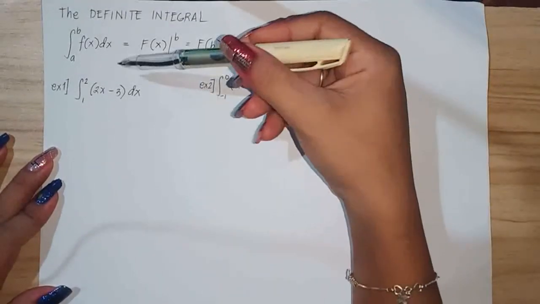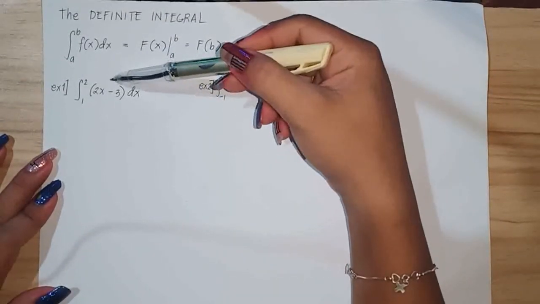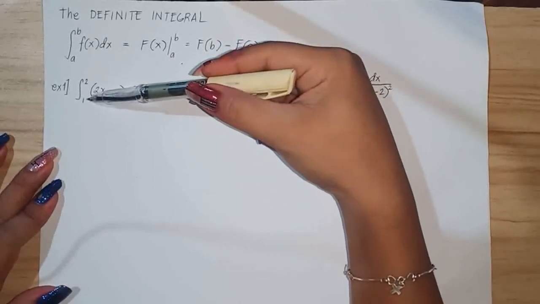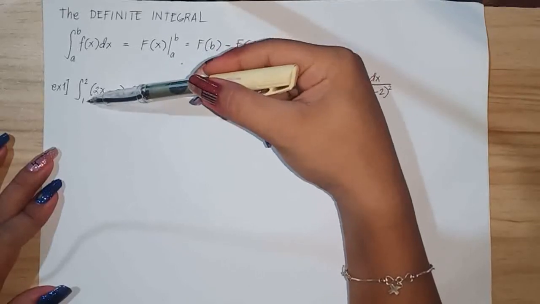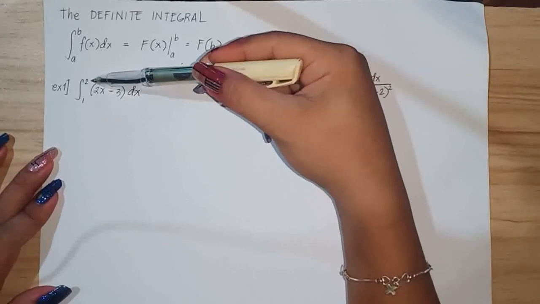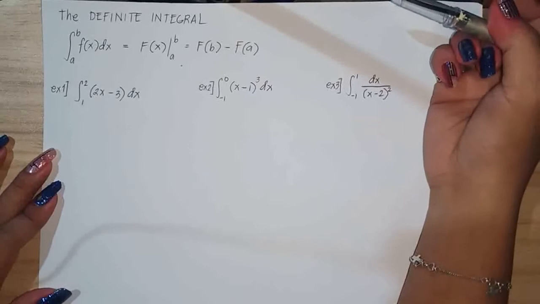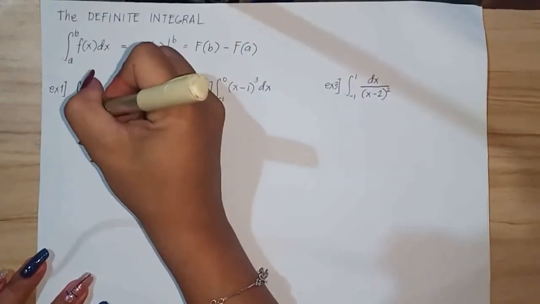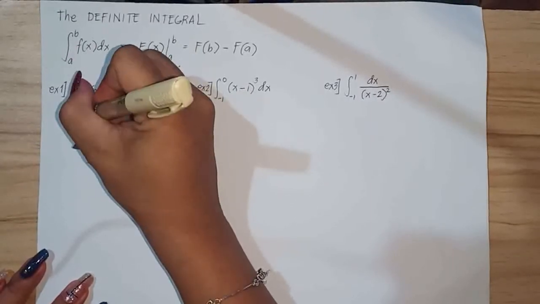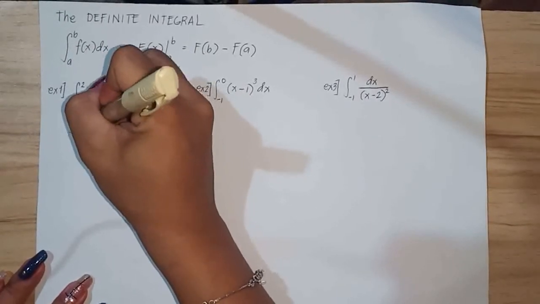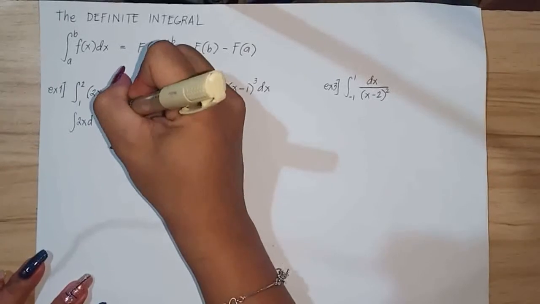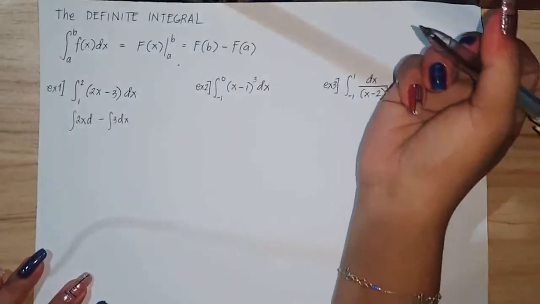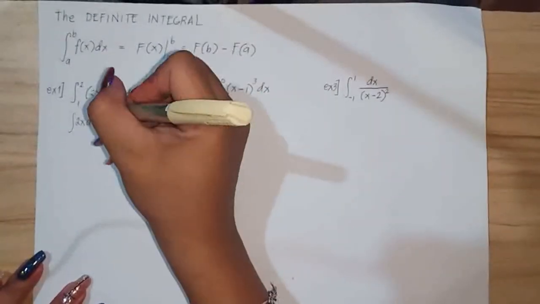So example number 1 is the integral of the quantity 2x minus 3 dx, wherein your limits are from 1 to 2. So 1 is your lower limit and 2 is your upper limit. First, you have to integrate 2x minus 3. So you will have the integral of 2x dx minus the integral of 3 dx.